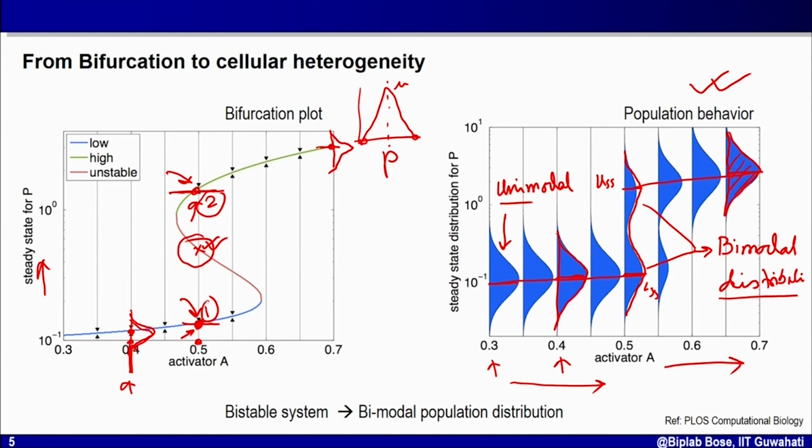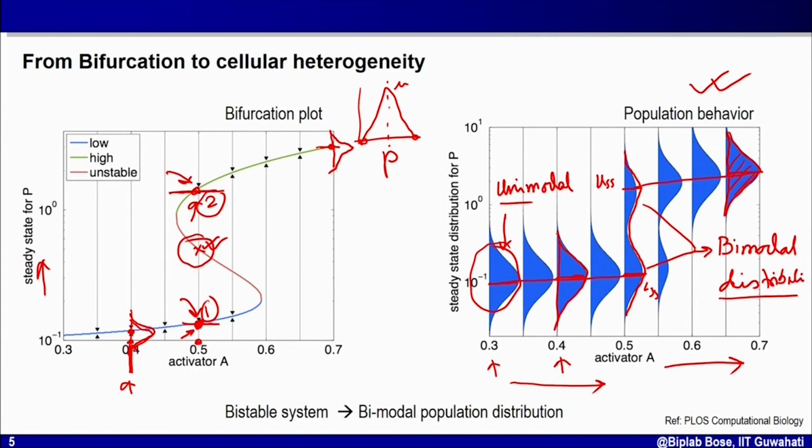So if I have bistability in the system, then if I start with a homogeneous population initially, and as I keep on changing the signal, I may get from a homogeneous population two subpopulations with a bimodal distribution. And again, if I keep on increasing the signal, again I may get a homogeneous population with higher expression. So if from unimodal I get bimodal, then again I get unimodal distribution.